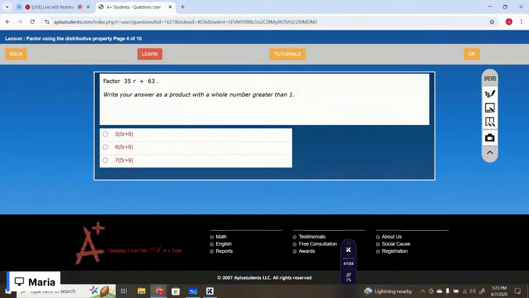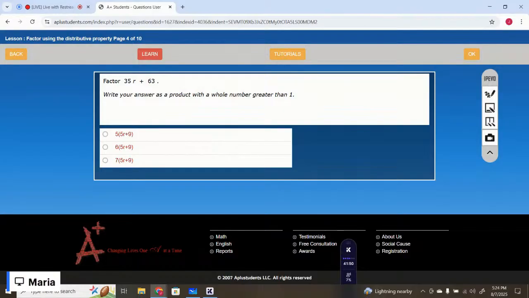Factor 35 plus 63. So 7 is common because 7 can divide both the numbers.